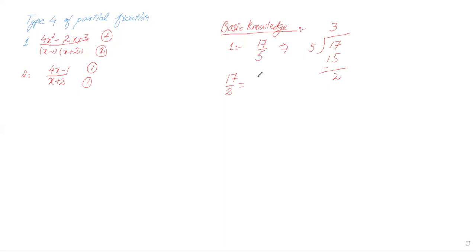First of all, you have to write the quotient, then always write the plus sign, then make the fraction and write the remainder divided by the divisor. That is the formula to write an improper fraction as a proper fraction. So we have 3 plus our remainder 2 divided by 5.